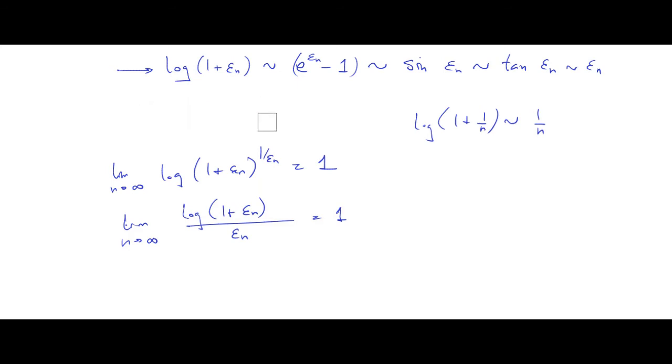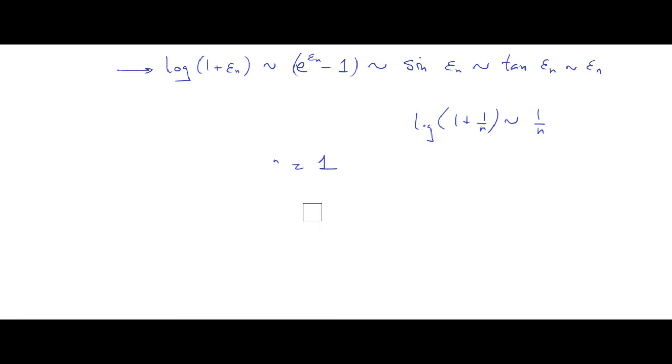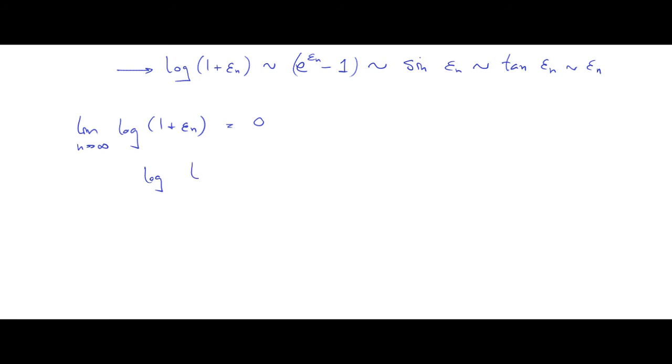Okay, next. So we have the logarithm of 1 plus epsilon sub n. The limit of this is also 0, right? Because the limit of the logarithm is the logarithm of the limit, so this is the logarithm of the limit of 1 plus epsilon sub n when n goes to infinity, right? But the limit of this is 1, and the logarithm of 1 is 0. So the limit of this is 0.